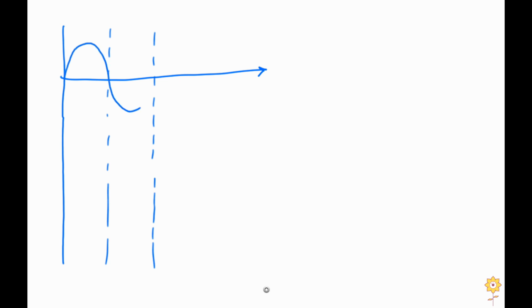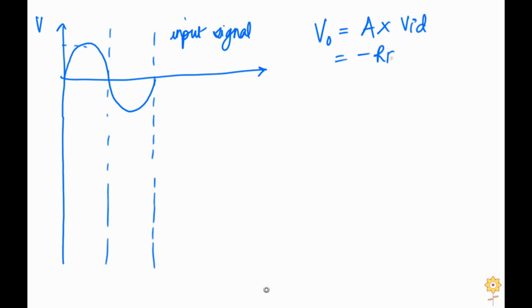Suppose this is the input signal, and output VO is equal to gain into VID, the difference in input voltage. So gain over here is minus RF upon R1 into VID. Whatever is the difference in the input voltage multiplied with the gain is going to be the output, plus there is a negative sign over here. So you will get the reverse of the input signal.